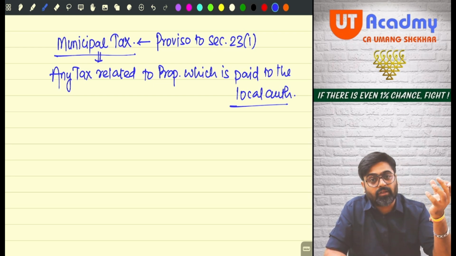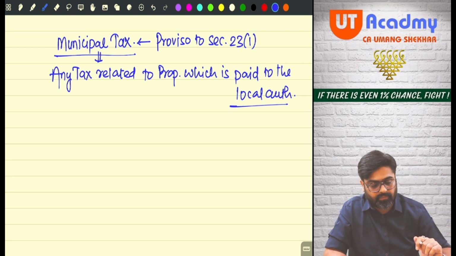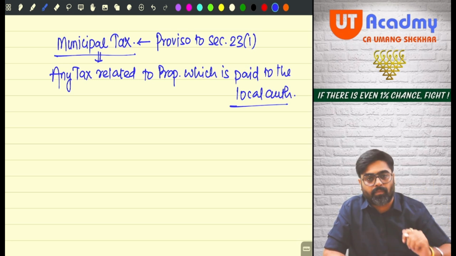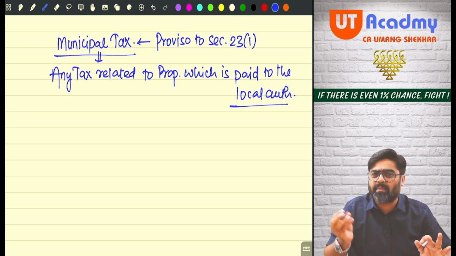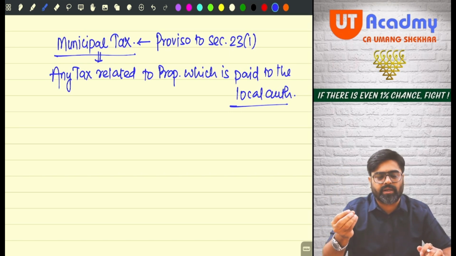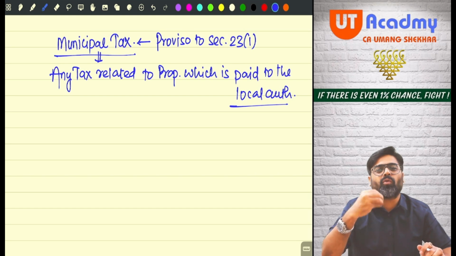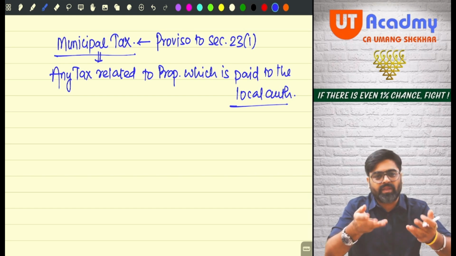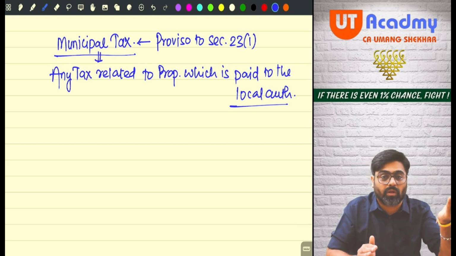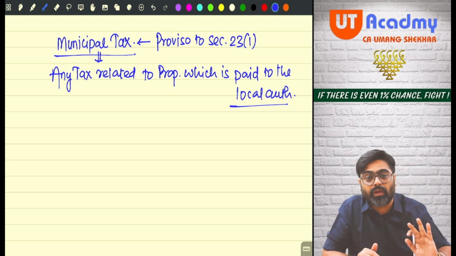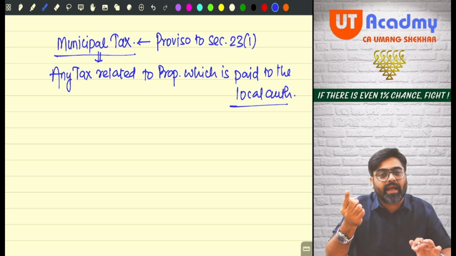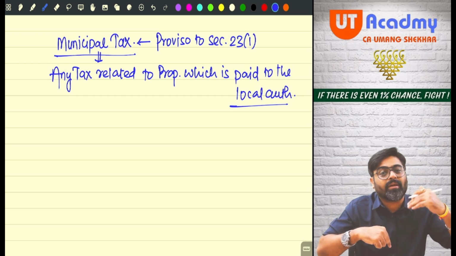So any taxes which they are charging on my property, it can be by any name. It can be by the name of property tax, corporation tax, or water tax. The name of the tax can be anything, but the tax is charged by whom? The local authority. Then that tax will be known as municipal tax.